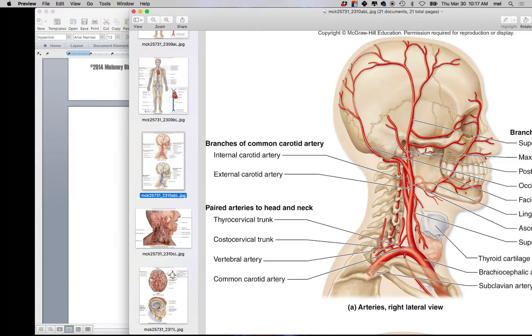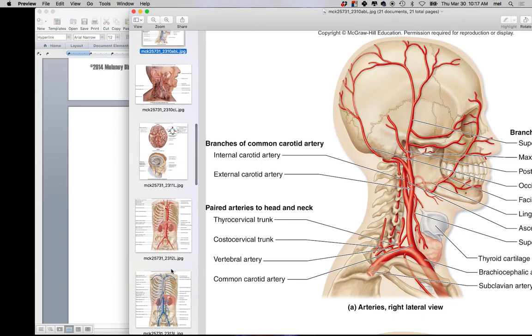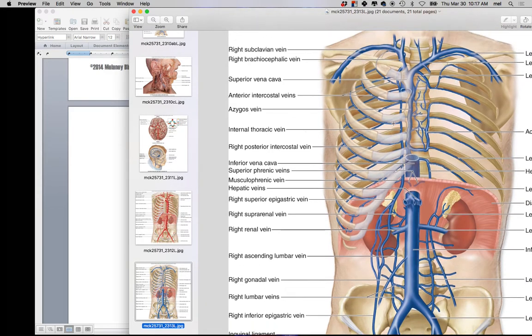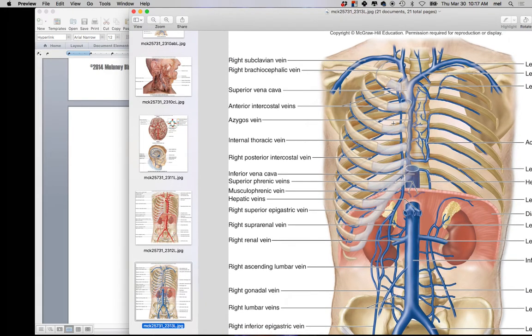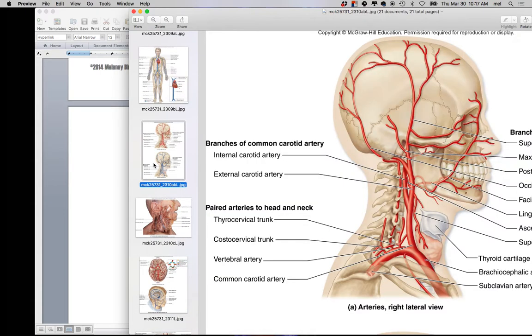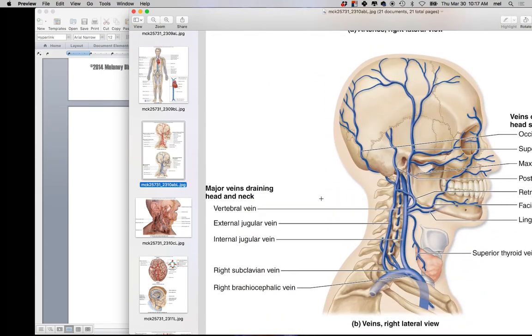And then do you remember how you form the superior vena cava? Do you remember how you form it? So, can't reach that one. Hold on. So if you're going to form the superior vena cava, you're going to gather up the internal jugular vein from the inside of the head, right?